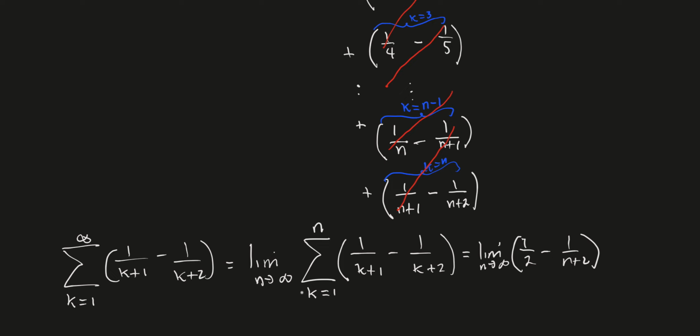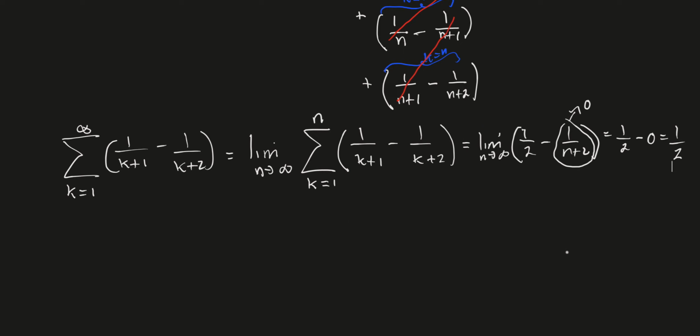And then after finding your s sub n, you take a limit to see what happens as n goes to infinity. So in this case, as n goes to infinity, this term approaches 0, and we're left with 1/2 minus 0, so that's 1/2. So that means this series converges to 1/2, right?